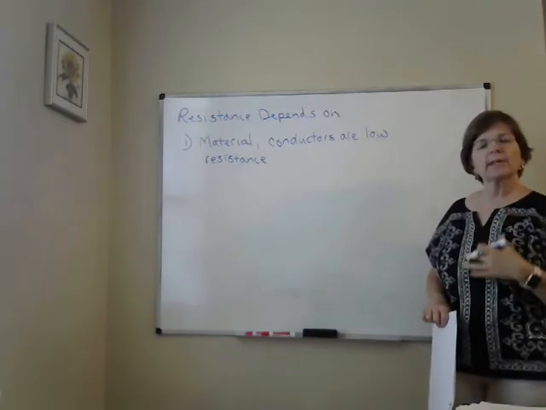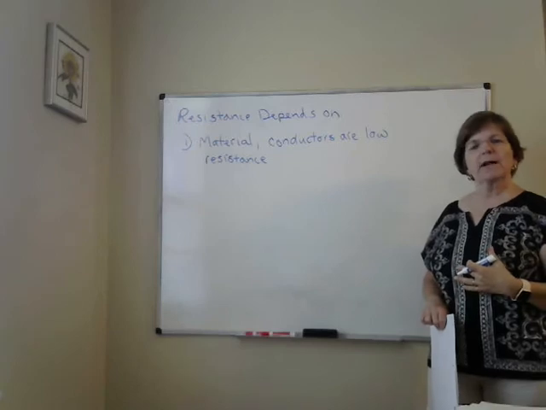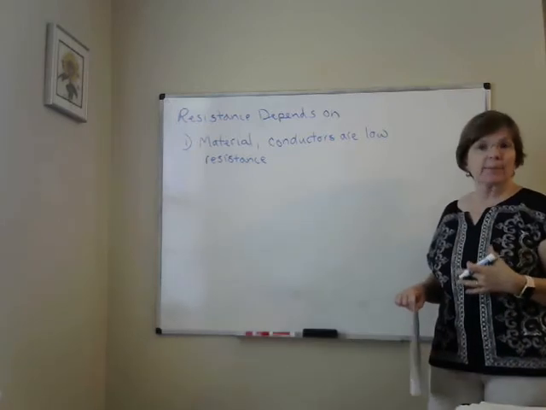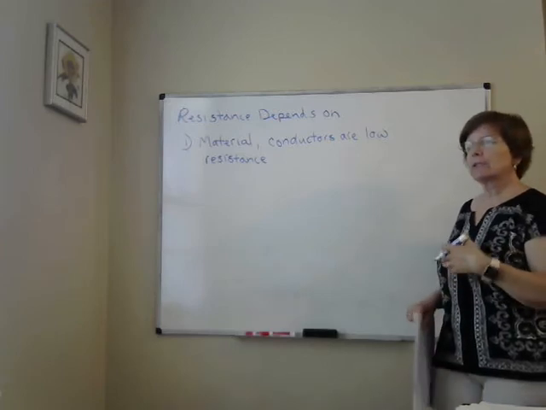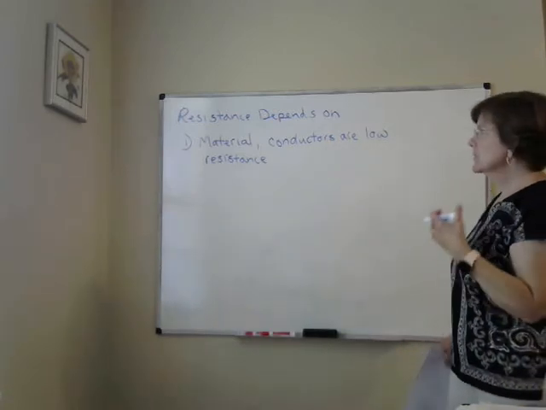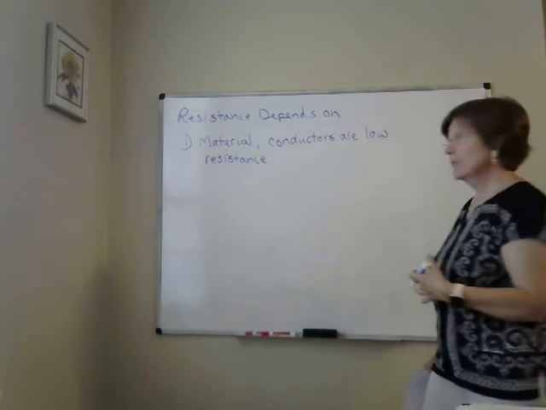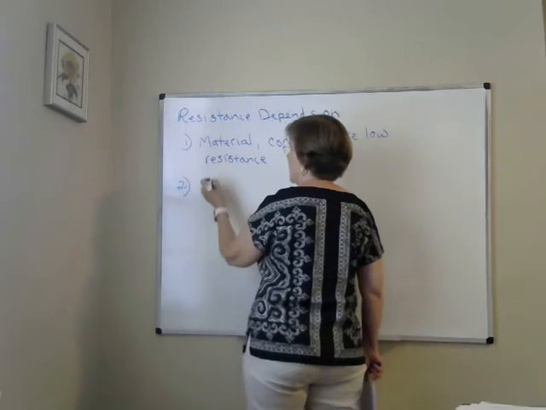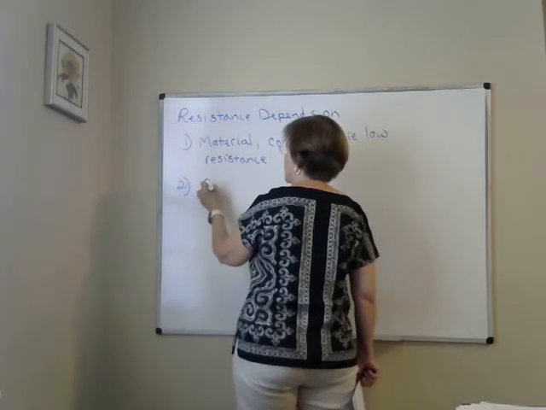They all have very low resistance. Okay? But they're not necessarily the same resistance. Other materials, glass, rubber, wood, have very high resistances. So resistance does depend on the material. If we're talking about conductors, it also depends on the cross-section of the area.